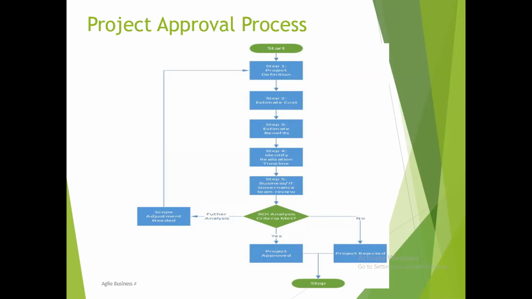Typically they go through a process where you first define what problem you're trying to solve. They give you a high-level estimate of the issue you're trying to solve, with a high-level scope. Then they figure out what it's going to cost to do that.